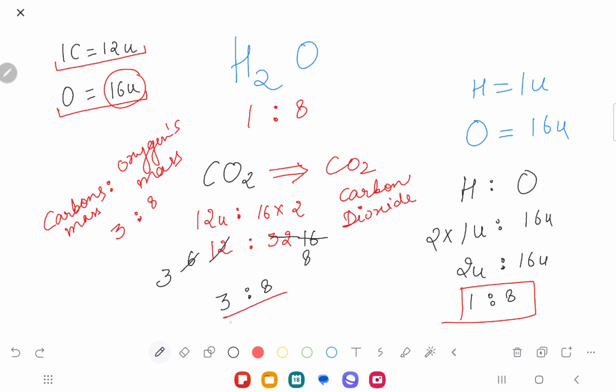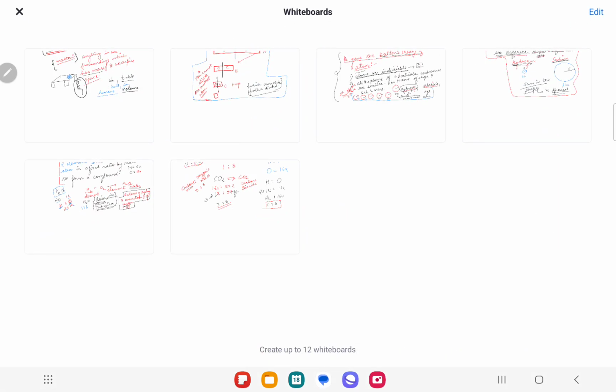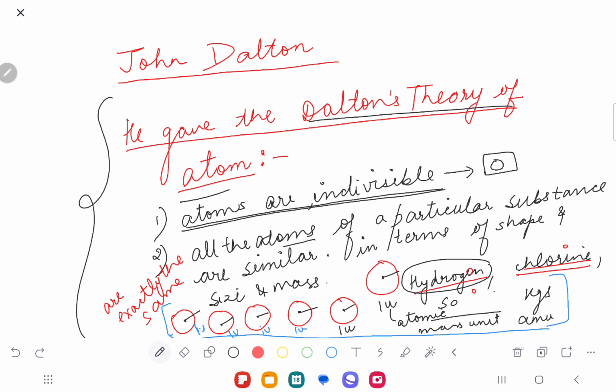So this is what we understand by Dalton's theory. What were the points of Dalton's theory? The points were that atoms are indivisible. All the atoms of a particular substance are similar in terms of shape, size and mass.